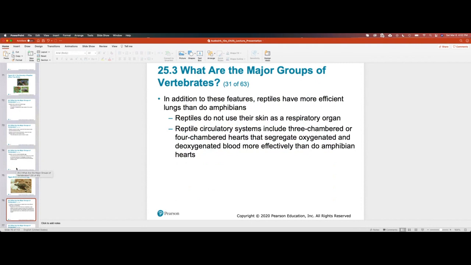Because their skin is hard and dry and tough, they cannot respire through it. But they do have a three-chambered or four-chambered heart that can better separate oxygenated and deoxygenated blood than amphibians do.